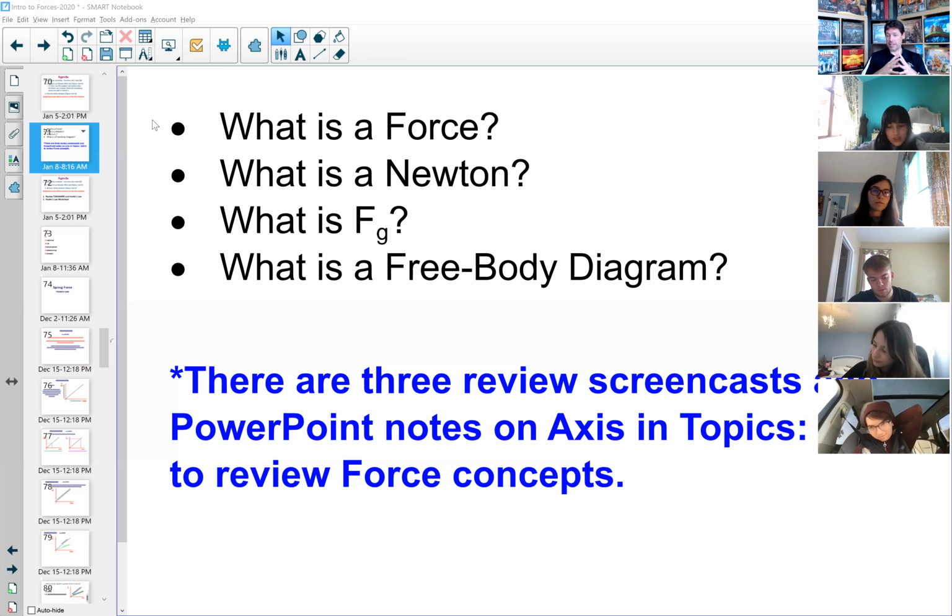So the difference between them is the net. If they're the same, the net's just zero, right? And if the net is zero, what's the acceleration? Zero. Yeah. If the net force is up, what direction is the acceleration? Up. Has to be the same. Net force and acceleration always are in the same direction.